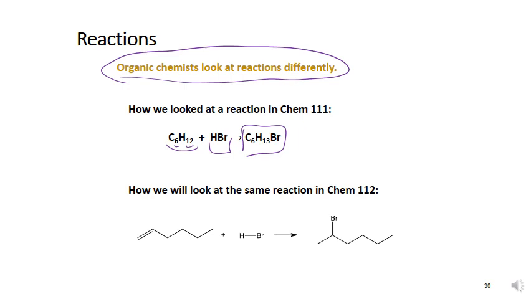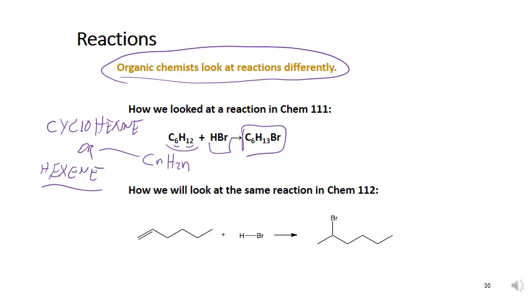Well, it's CnH2n, so we might think this is either a cyclohexane or a hexene. And since we're in alkenes, alkynes, it's pretty clear that it's an alkene. So now we're looking at this stuff and it's reacting with this.